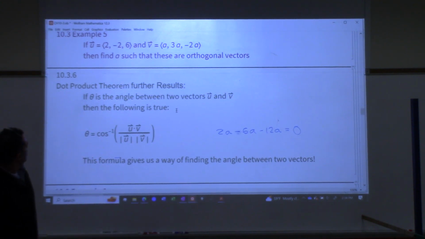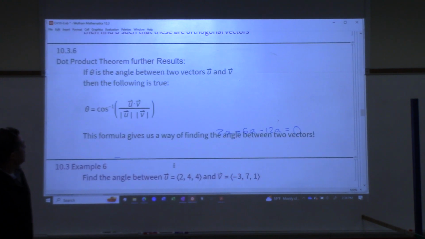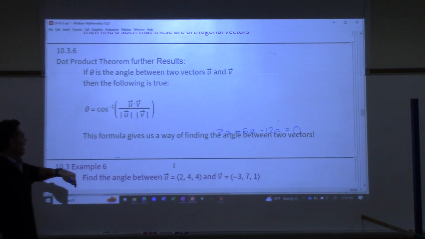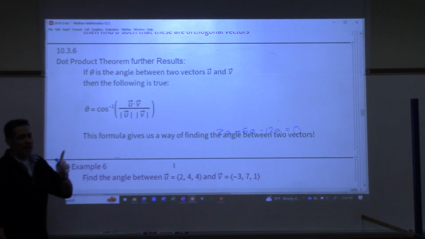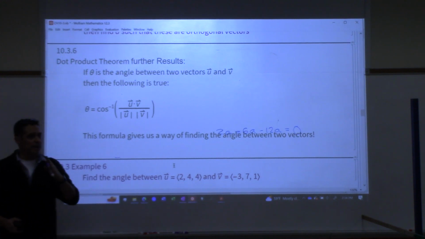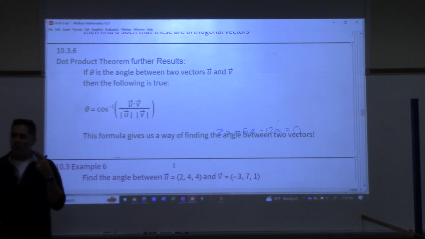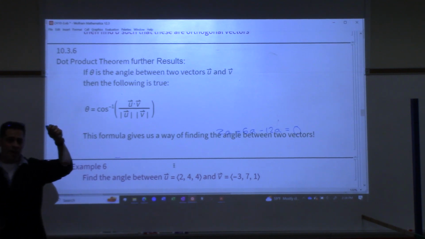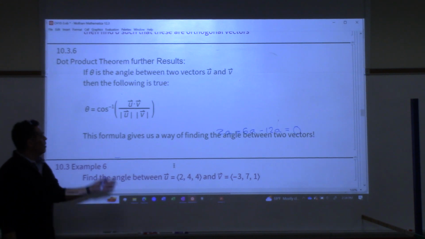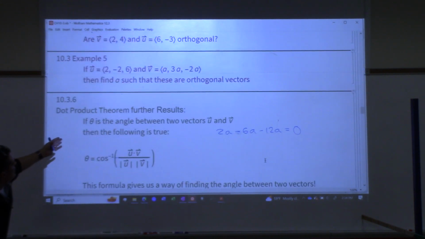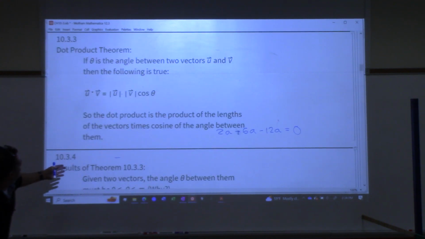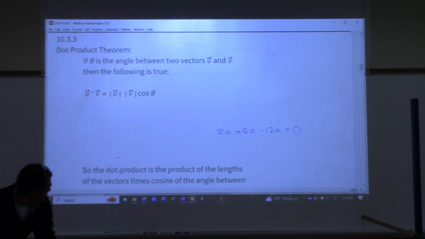All right, so a little bit more about that real important theorem that I didn't prove, I just gave to you. If I give you two vectors, you can find the angle between them. We know that if we're given a vector, we can find out how long it is, but if I give you two vectors, can we find the angle between them? Well, here's the theorem. Go back up to this right here. I'm not going to do this by hand, I'm just going to talk you through it.